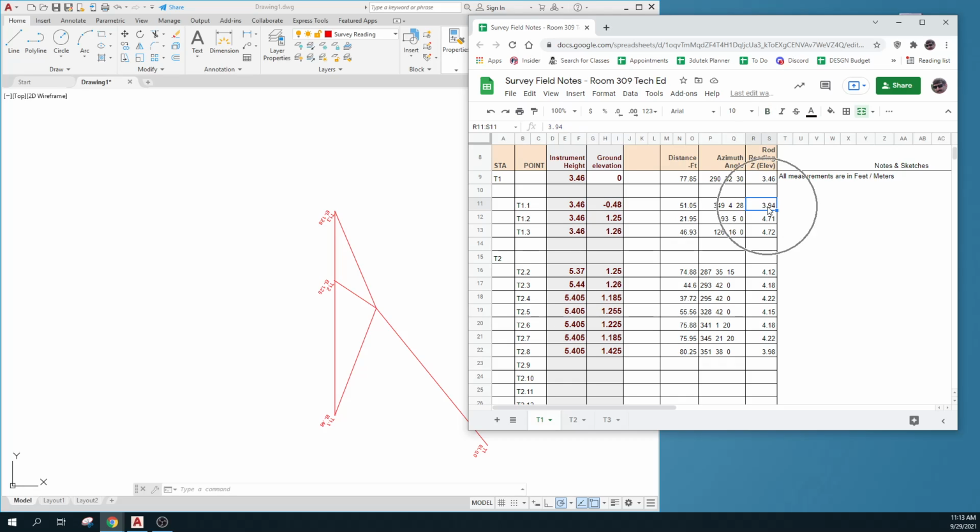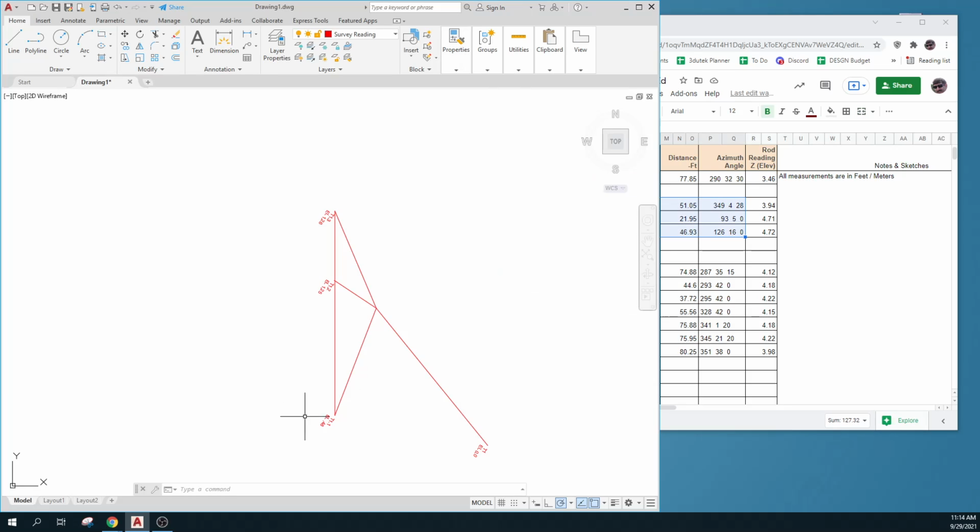Okay? Does that make sense? Because it has to go down below to get to it. And so this one equals 3.46 minus 4.71, minus 1.25, and this one equals 3.46 minus 4.72, minus 1.26. Okay, so that takes care of those, and I need to go change that on my drawings.